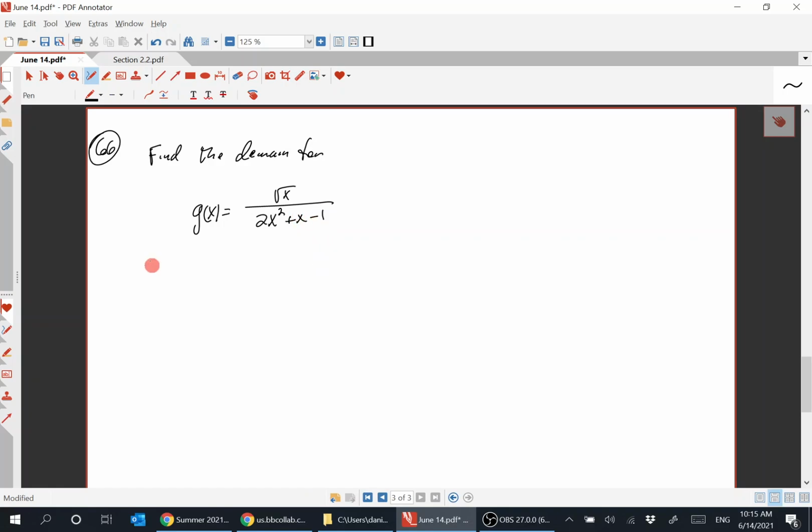All right, so for this to be defined, we need the x to be bigger than or equal to 0 in order for the square root to be okay. And we also need that 2x squared plus x minus 1 is not 0. Solving an equation equal to 0 and an equation not equal to 0 is really the same thing. You solve where it is 0, and then you say your solutions are everything but that.